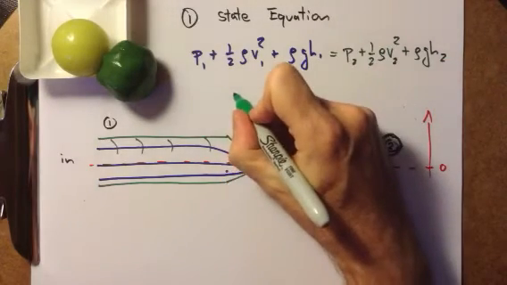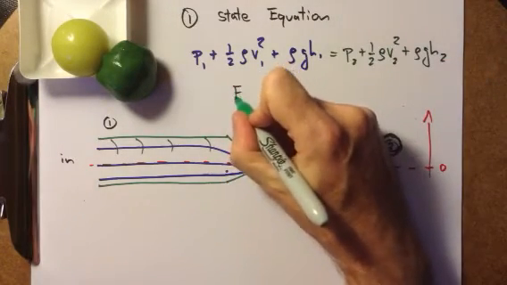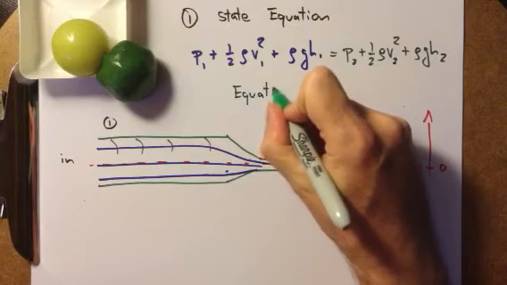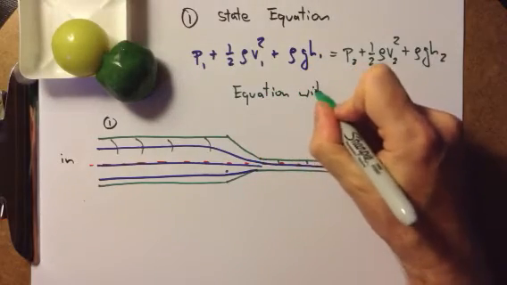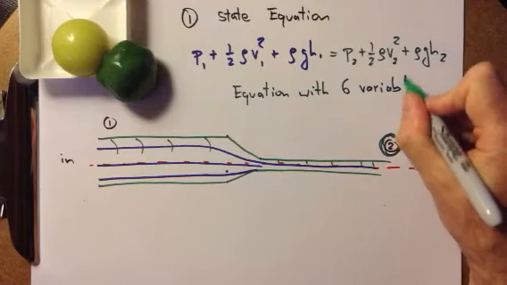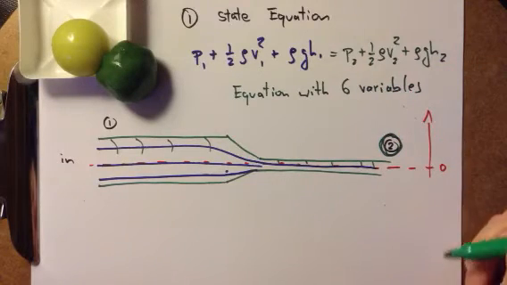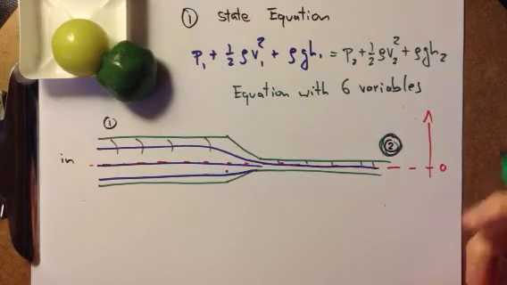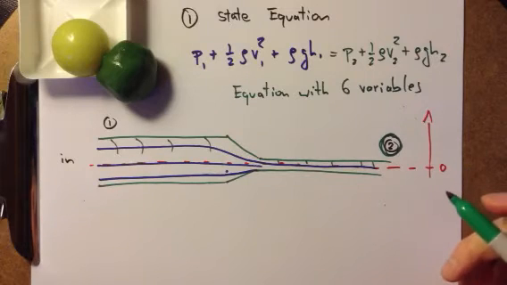Now you see, this is an equation with 6 variables, and you know it cannot be solved for one of them unless you know 5 of the others. At the moment we don't know anything.